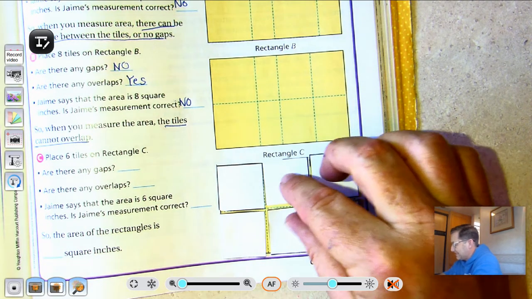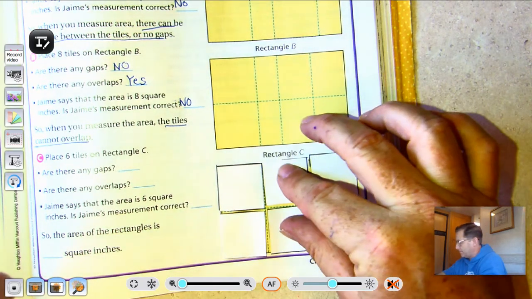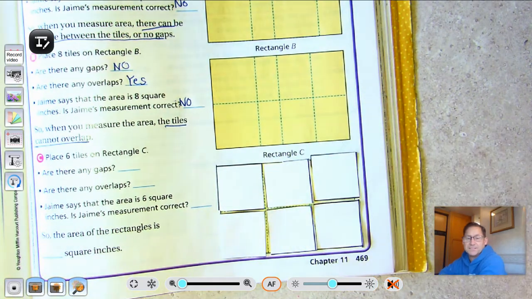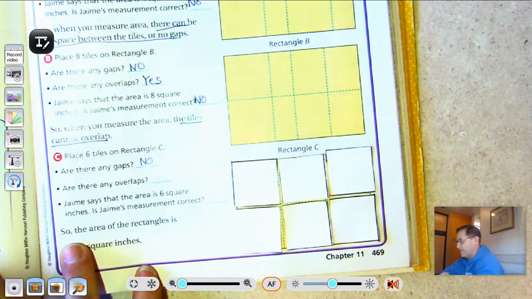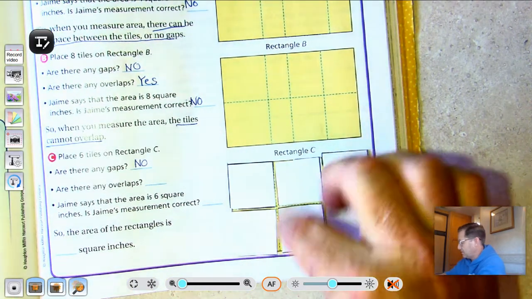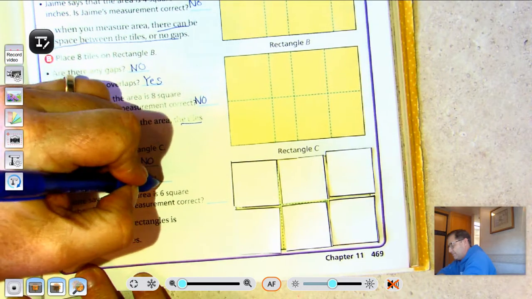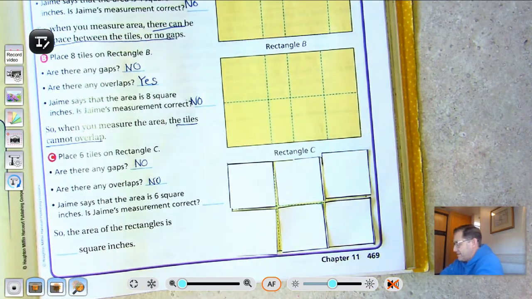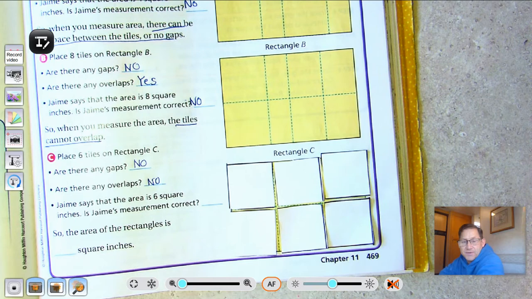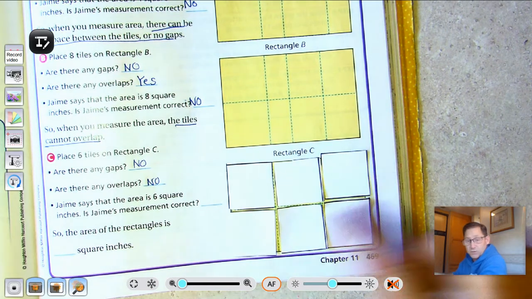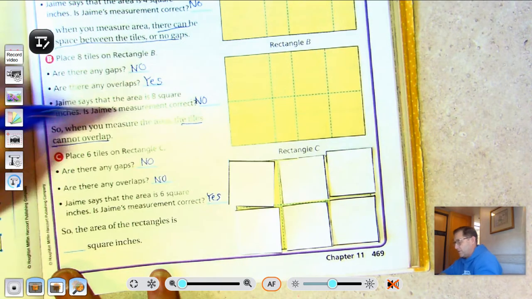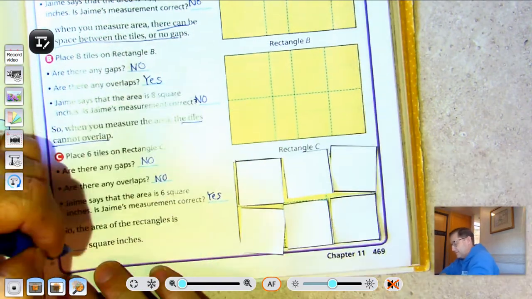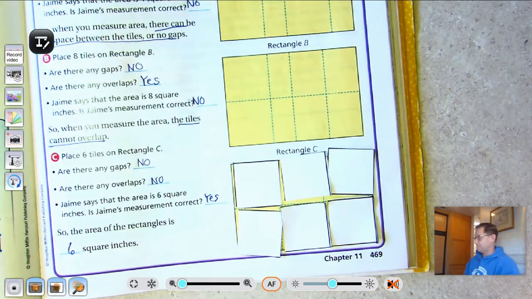No, you can see a little yellow, but that's not really a gap. That's just more of a situation where it's not exactly in the yellow square. So no, there aren't any gaps. Are there any things overlapping? No, they seem to be right up against the edges of them. So Jamie says that the area is 6 square inches. Is Jamie's measurement correct? Yeah, there are 6 squares here, right? So yes. So the area of the rectangle is 6 square inches.